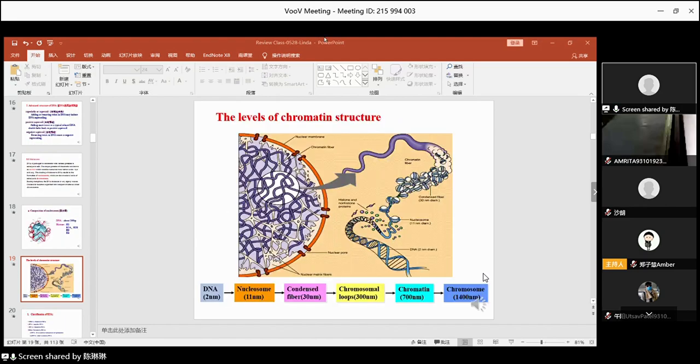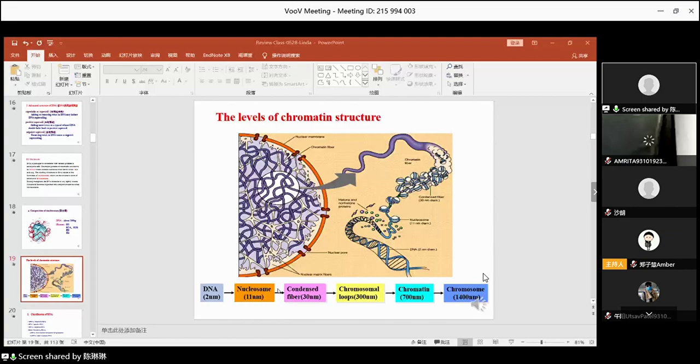And this slide shows us the levels of chromatin structure, and you should know that the DNA is the most basic unit for the chromatin, and the DNA can be packaged to form the nucleosome, DNA and histones, right?